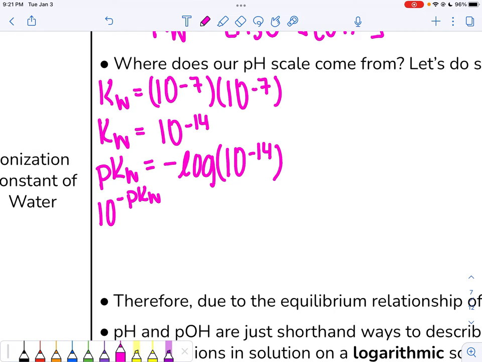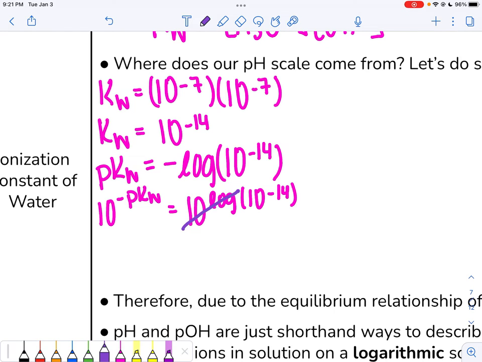Then you can do this step. I'm going to raise both sides of the equation to a power of 10. So 10 to the negative pKw is equal to 10 to the log of 10 to the negative 14th. What this now does is it basically cancels this term in your equation out.